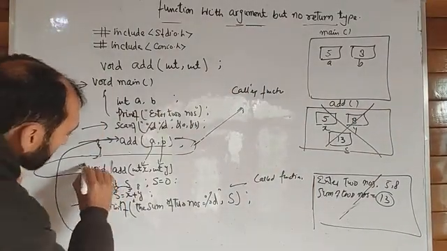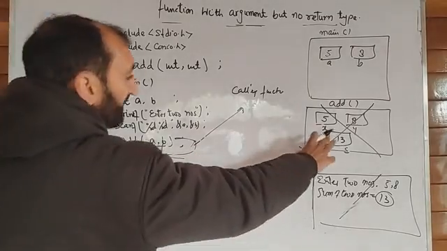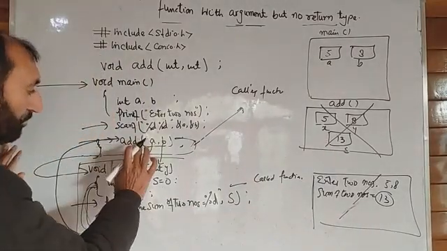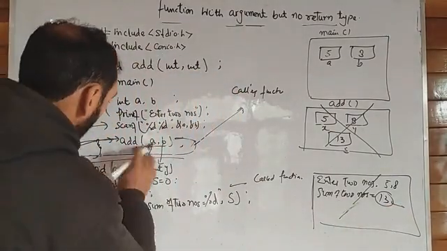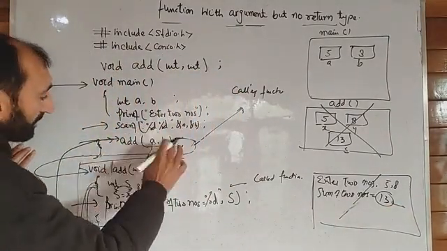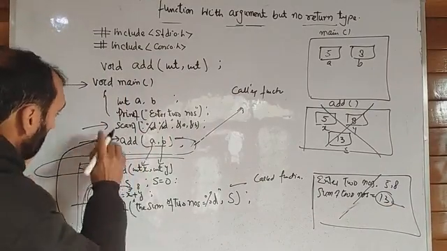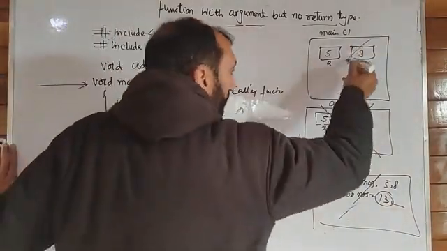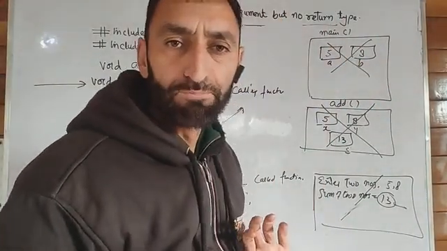So 13 has already been printed. After that, control will reach here, and after the completion of this execution, this memory will also get released.